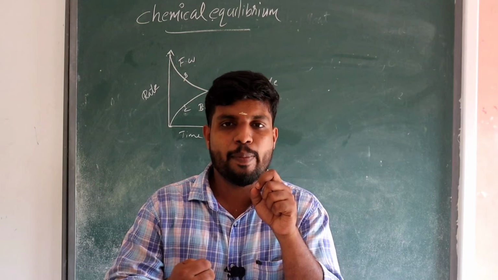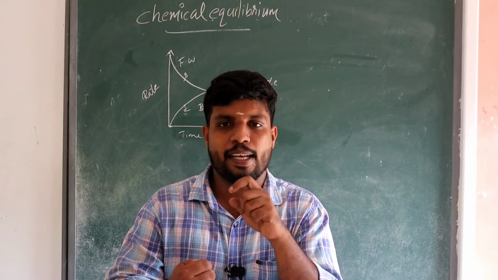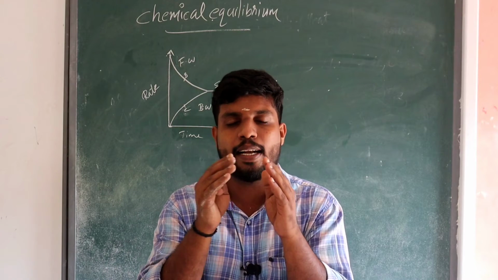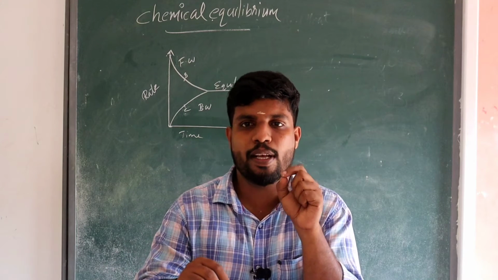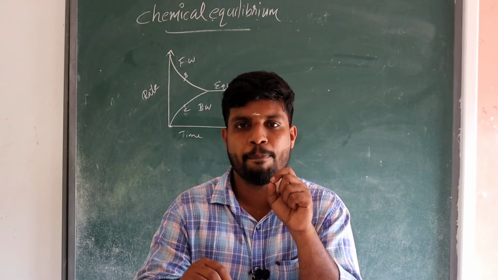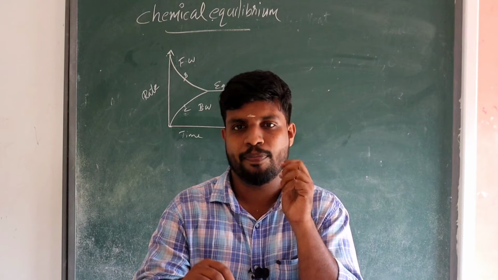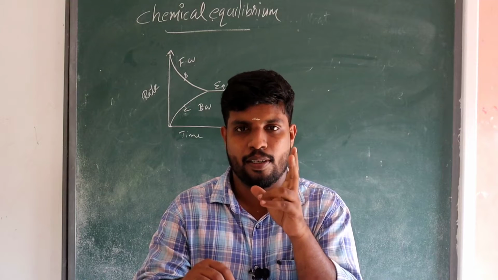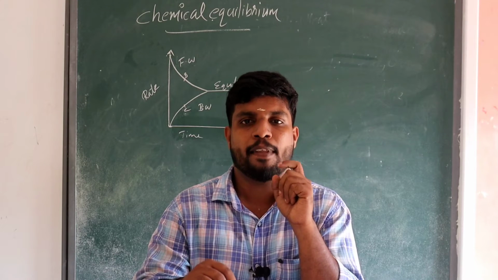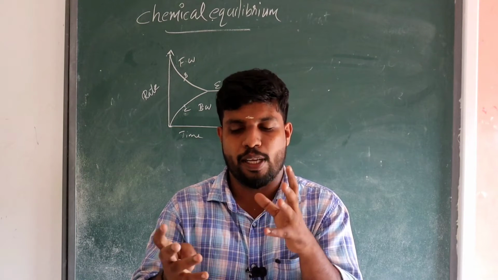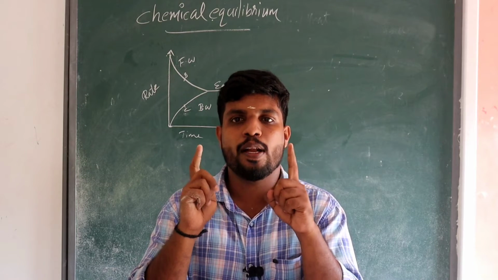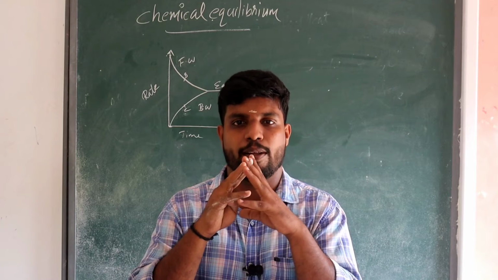To explain chemical equilibrium, we are using a graph. The x-axis of that graph represents the time of the reaction, and the y-axis represents the rate of reaction, the speed of reaction. When a reaction starts, if you take the reactants and mix them, only the reactants are present.